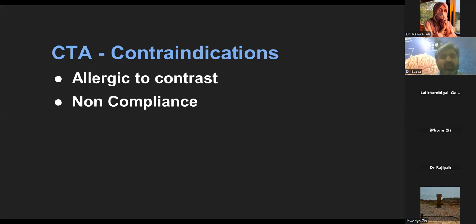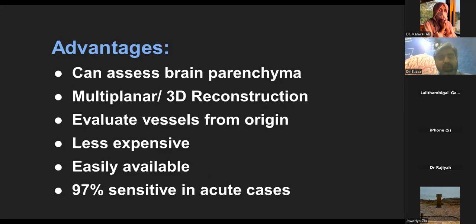Contraindications: only if the patient is allergic to contrast or is non-compliant, then we can avoid the CT angiography. What are the advantages of CT angiography? Apart from vascular structures, we can assess the brain parenchyma, which is very important if we have a hematoma.